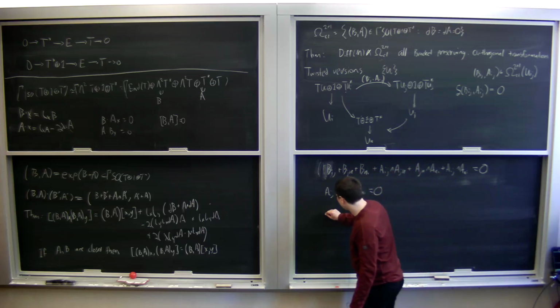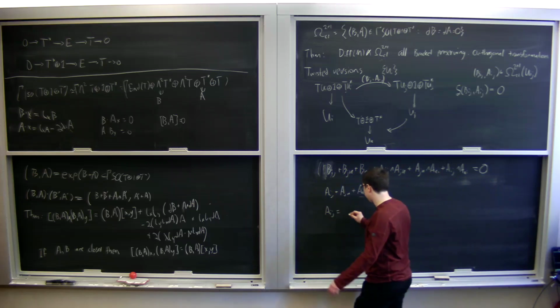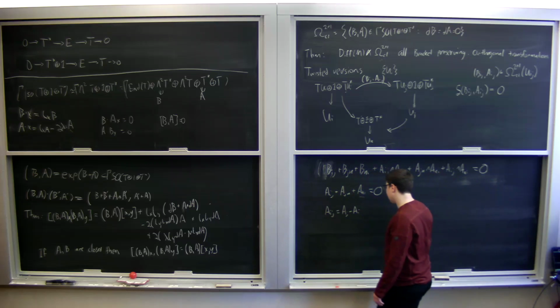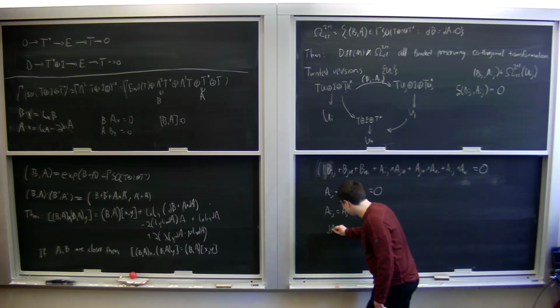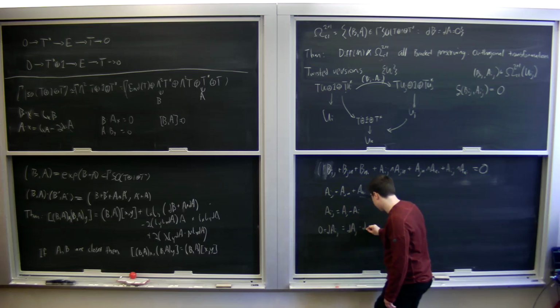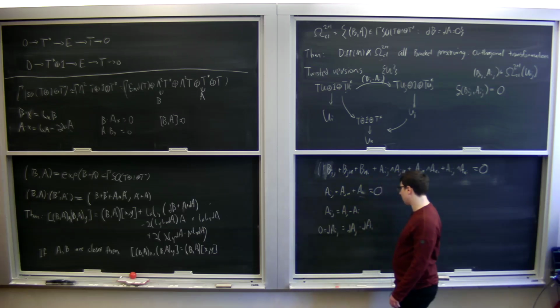I'm going to write A_ij, using the Čech to de Rham isomorphism essentially, as A_j minus A_i. The A_ij are closed, so d of A_ij, which is 0, is d of A_j minus d of A_i.